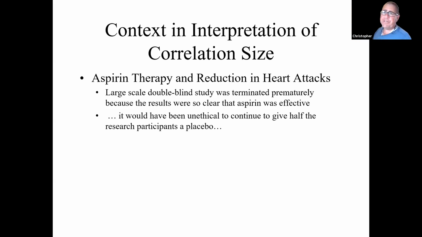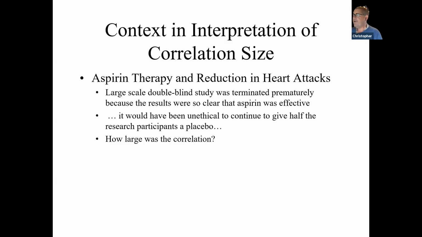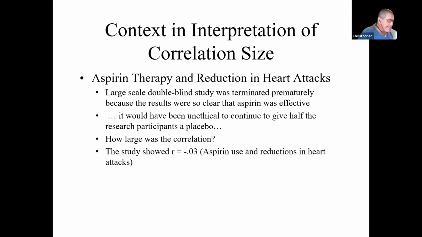So it must be pretty strong, right? So you're probably thinking now, wow, that correlation must be big. More aspirin versus reduction of heart attacks must be a giant correlation. Actually, the size of this correlation that was deemed so valuable was negative 0.03 between aspirin use and a reduction of heart attacks.